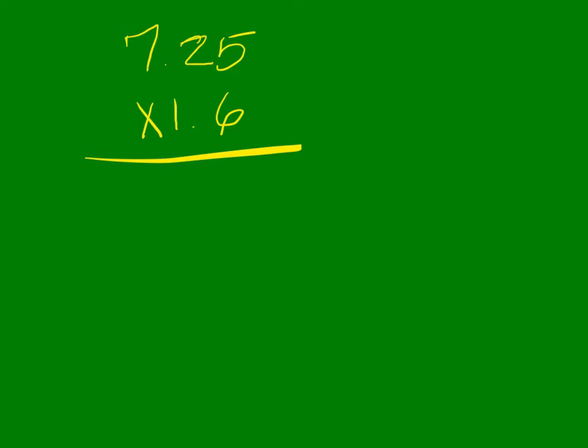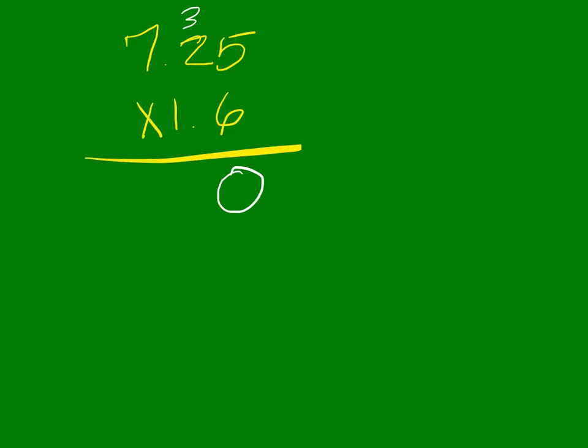Here's example 1, and this is from yesterday. If I have 7.25 times 1.6, what is the first thing that I do on this problem? 6 times 5, and what is that? 30. And what do I write? Yeah, I write a 0, and where does the 3 go?